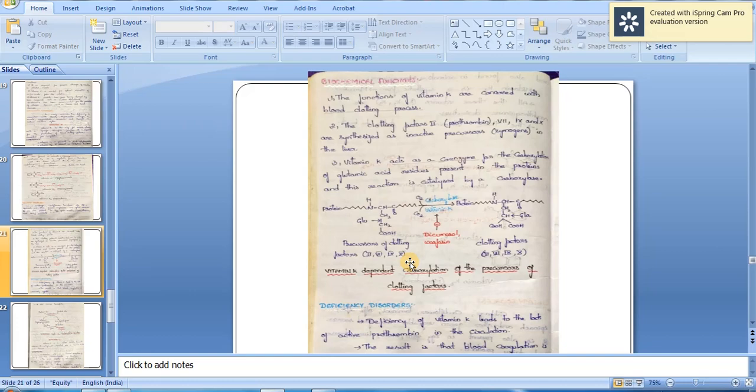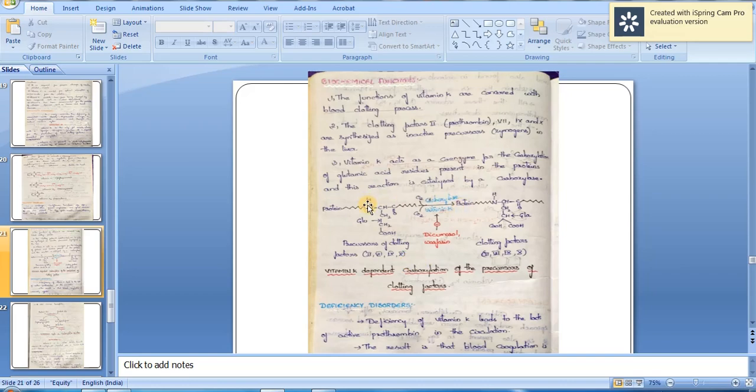It involves the conversion of glutamate to gamma carboxy glutamate and requires vitamin K, oxygen and carbon dioxide. The formation of gamma carboxy glutamate is inhibited by dicumarol, an anticoagulant found in the spoiled sweet clover.